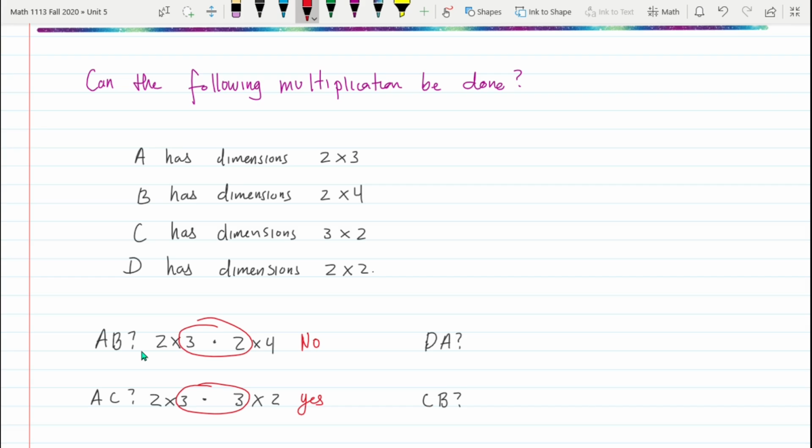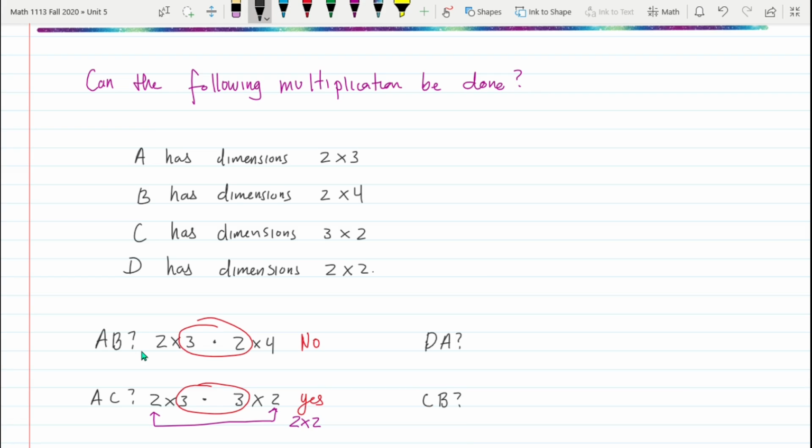Now on top of that, what is the resulting order? The order of the product is going to be a 2 by 2 matrix because those are the numbers that are outside. So if you multiply a 2 by 3 times a 3 by 2, the resulting matrix is going to be a 2 by 2.